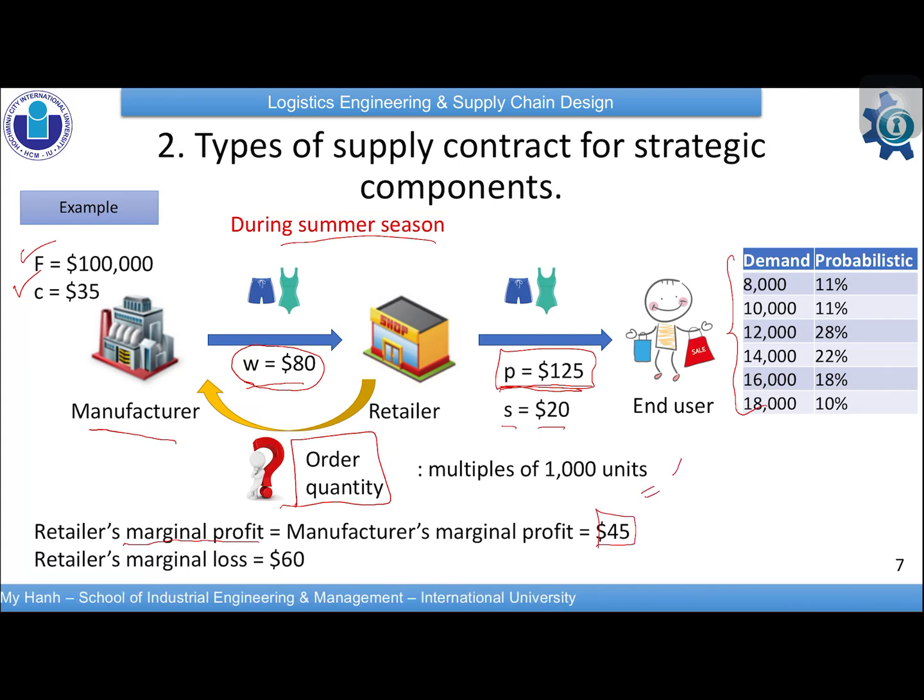It's equal to 120 minus 80, and it's equal to 45. That is for the retailer. How about for the manufacturer? They sell at the price of 80, but the variable cost is 35, right? So they also earn $45 per unit. This excludes their fixed cost. We don't consider fixed cost here.